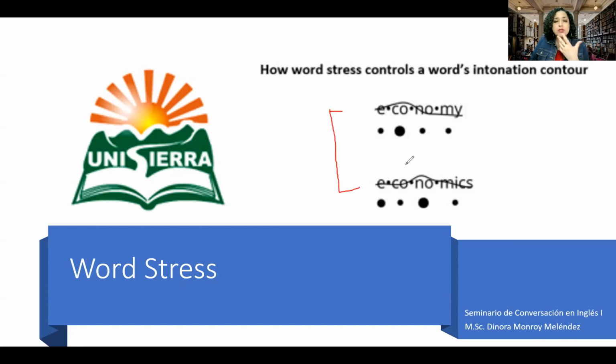The stress becomes different, and that differentiates the actual word. As you can see, I'm following this rule over here. The bigger dot is where the stress comes on that word, because economy and economics are not the same and they have different meanings.